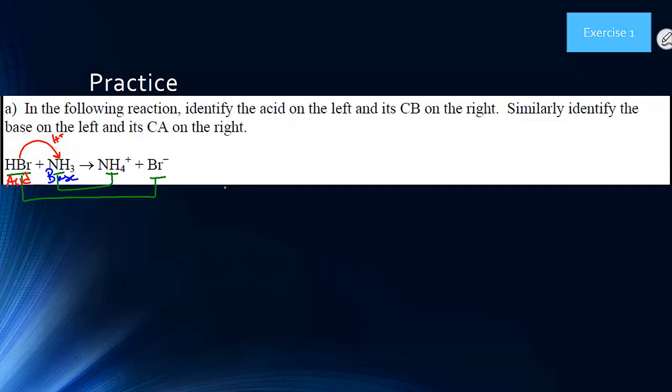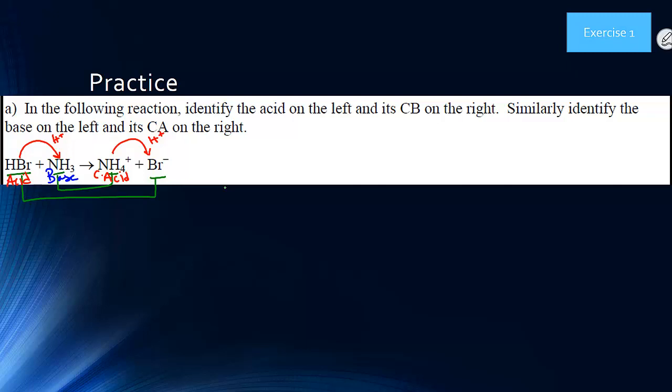In the reverse reaction, ammonium loses a hydrogen to the bromide ion. Therefore, ammonium is acting as an acid in the reverse reaction. So this is a conjugate acid of the ammonia base.